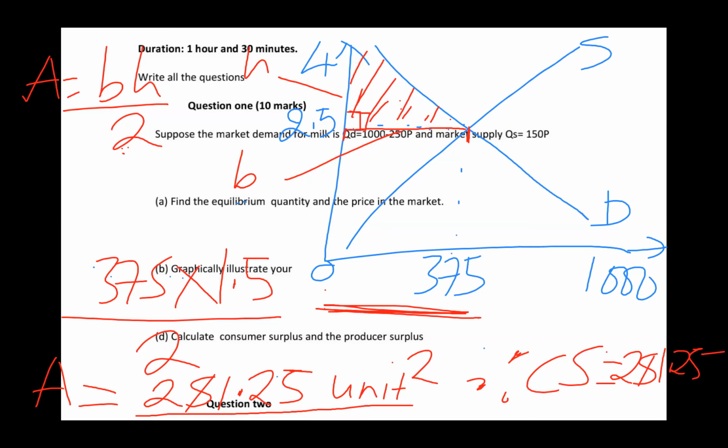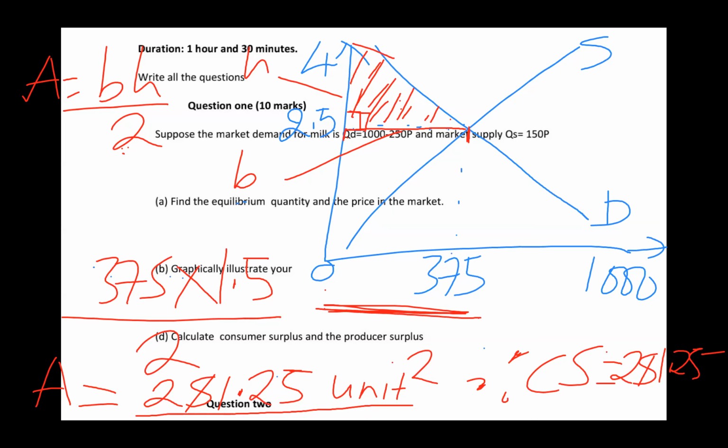So I can repeat what I said. To find the consumer surplus, you basically calculate the area of this shape, this triangle, made up by the area just above the equilibrium price, just below the demand curve, and in between the vertical axis.